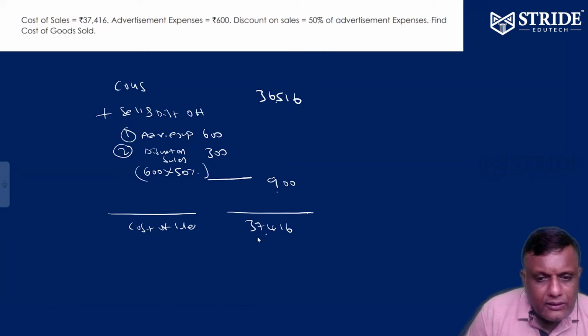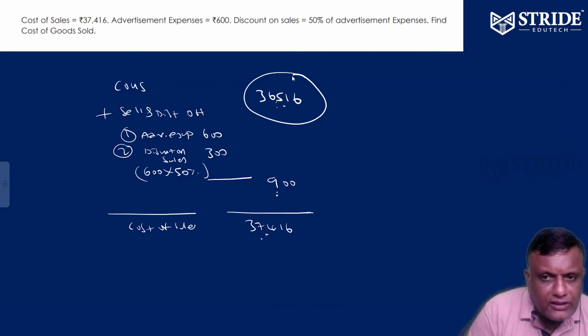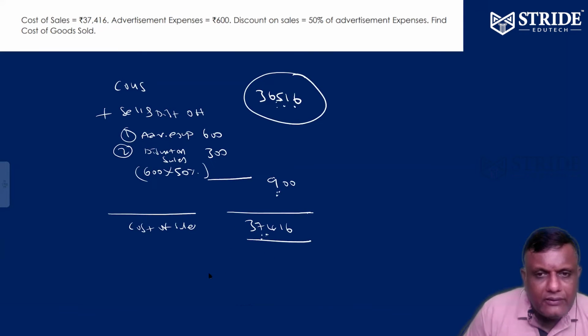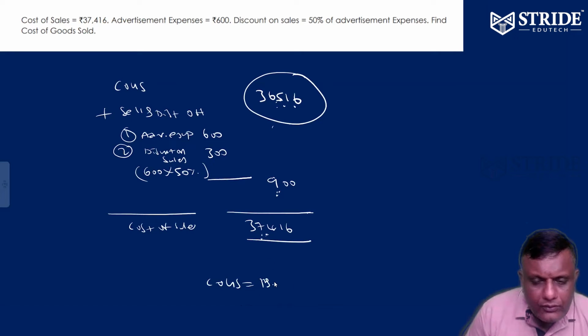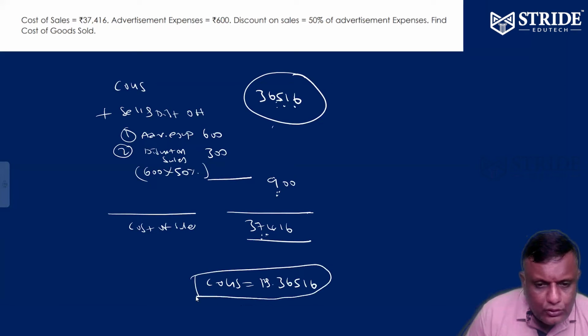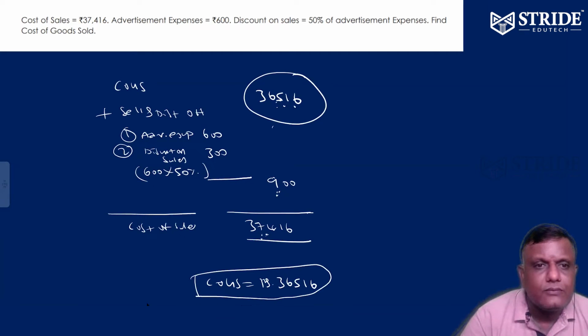What is reverse working? Bottom minus up is equal to up. Anyway, the question is only cost of goods sold. So cost of goods sold is equal to rupees 36,516. That's it.